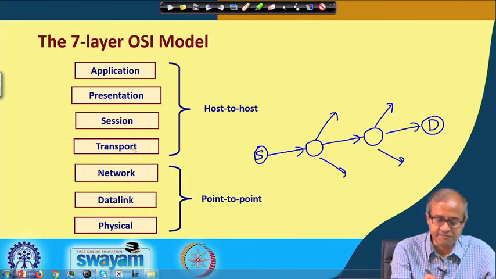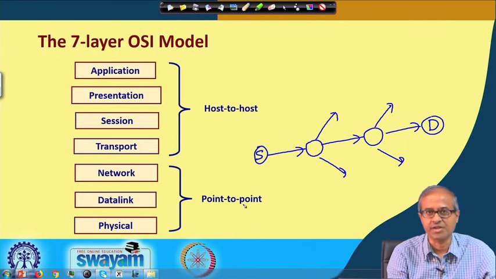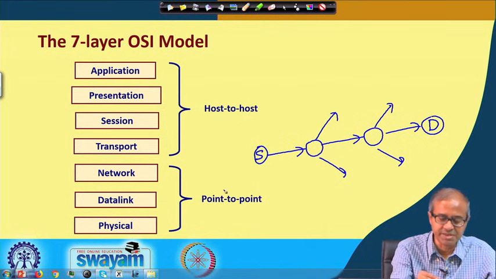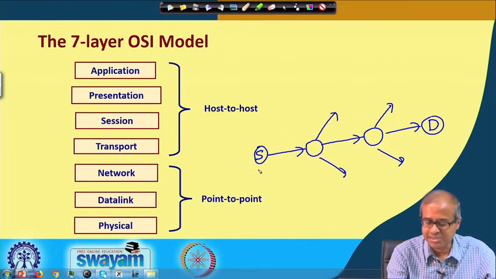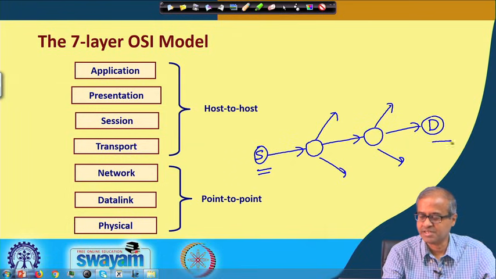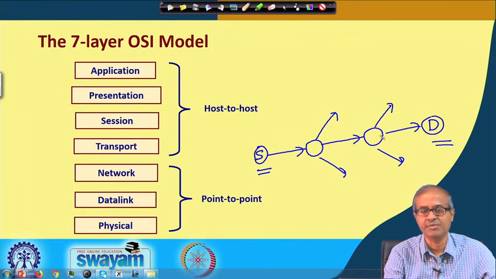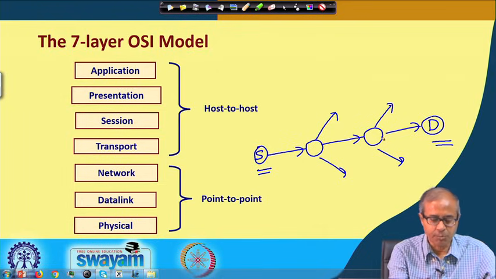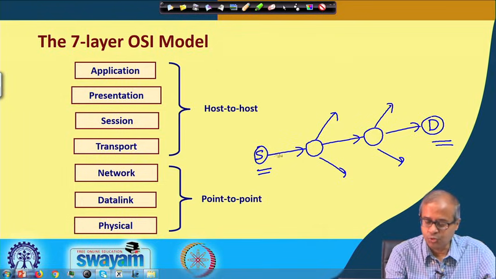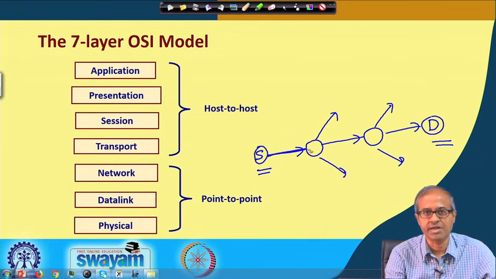Now, some of these layers are called host to host, and some of the layers are designated as point to point. Host to host means the upper 4 layers will exist only in the source and the final destination. They will not exist in the intermediate nodes. Point to point means 2 nodes which are directly connected by a link is called a point to point connection.